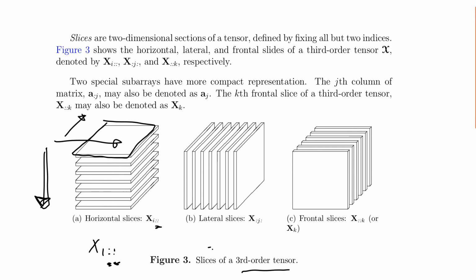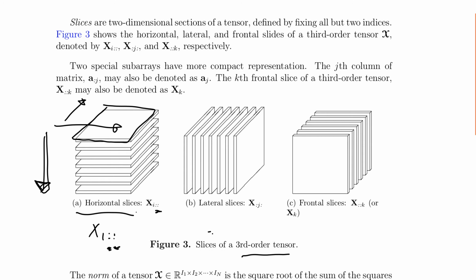Similarly, besides this horizontal slice, you can get a lateral slice. In that case we fix the second index, the index of the second order, and take the entire plane along that order.